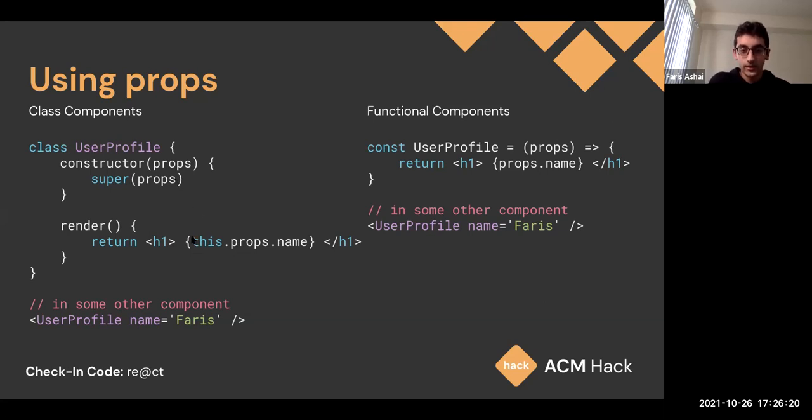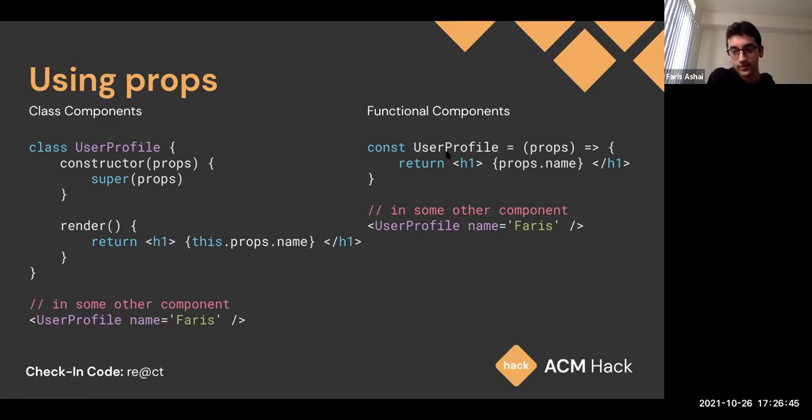Then we have access to it throughout our class, and we can reference it using this.props. To actually pass in that property when we create the component, we would pass it in like we do in vanilla HTML, with the property name here and then the value we give it right here.